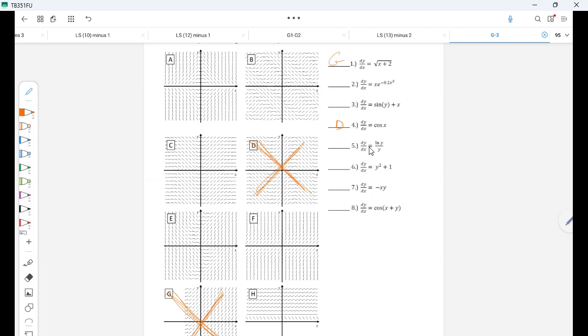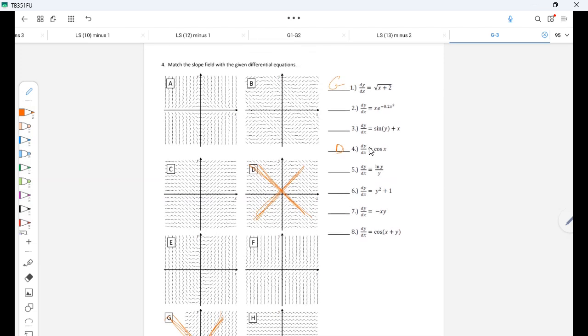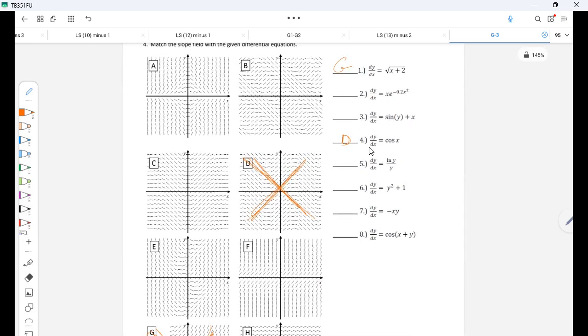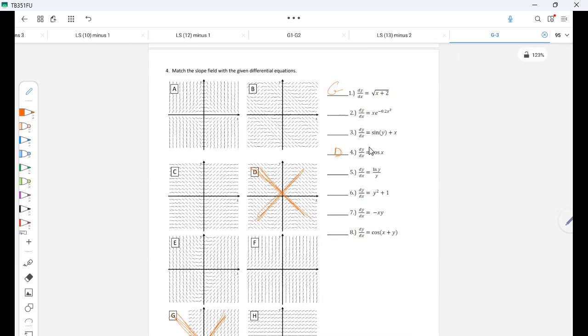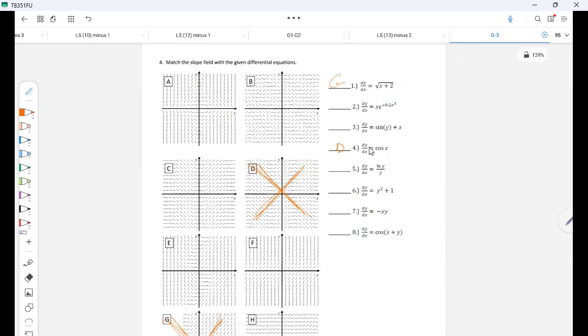I don't know. That's what I was thinking about. So is A number 5? Yeah, A is not number 5 for the reason that I was talking about. So Jack said A is number 7. I think I agree with that, because if x or y is 0, then dy dx is 0.